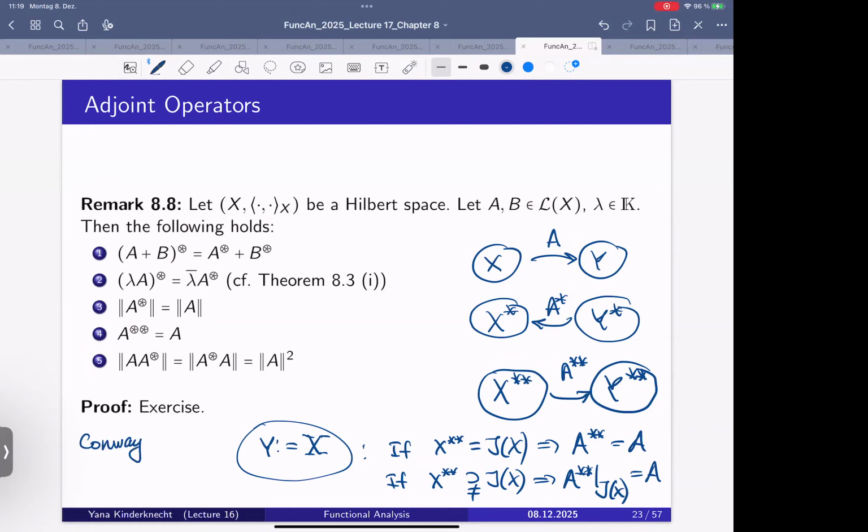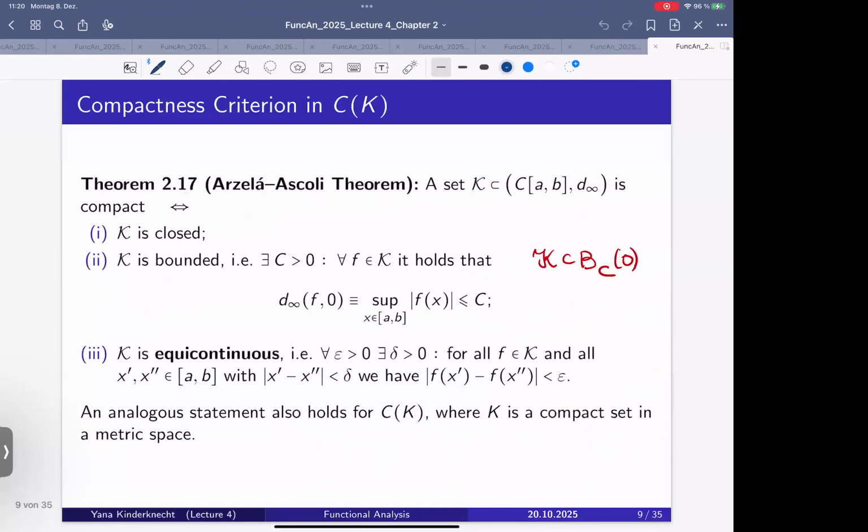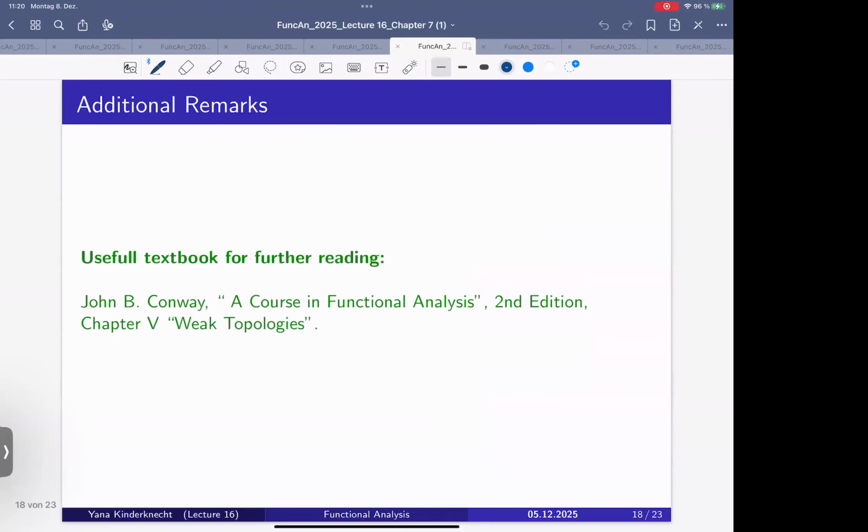So actually I wanted to say, and I have forgotten, of course, as usual. Last time we discussed chapter 7, weak topologies. This is a nice reference. It's a nice textbook, very concise, not very simple, but still sufficiently clear.